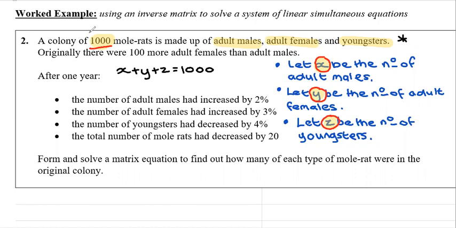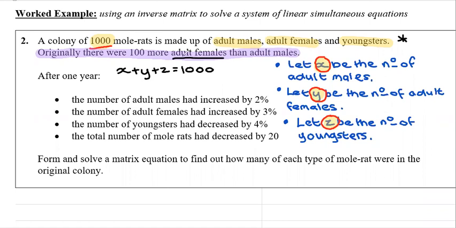We're then told in the next sentence that originally there were 100 more adult females than adult males. So we can set up an equation purely in terms of the males and the females now. So if there's more adult females than adult males, that means that if I take the adult females, that's the greatest number.